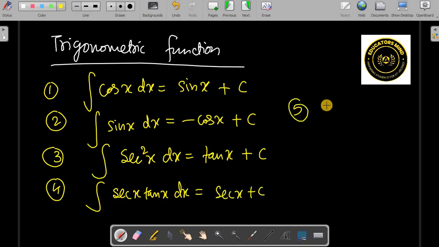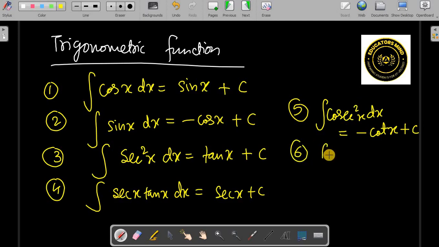Similarly, what about the differentiation of cot x? It is minus cosecant square x. So if you integrate cosecant square x dx, you will get minus cot x plus c.